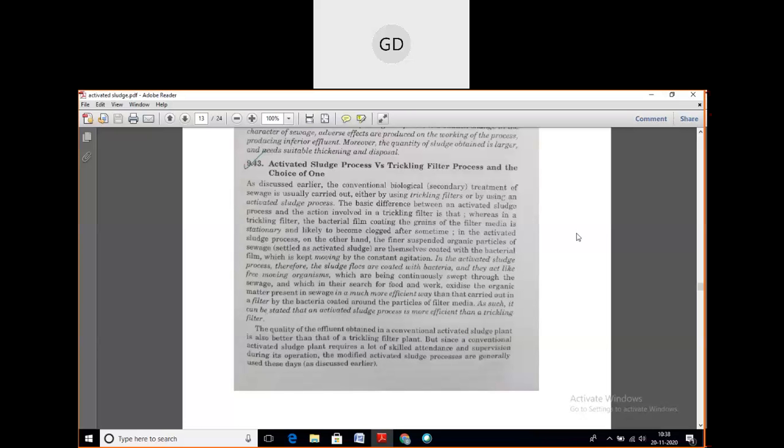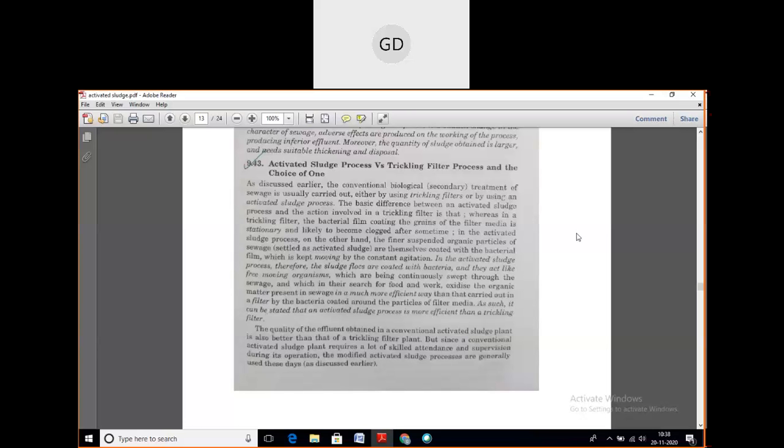So the sludge flocs are coated with bacteria and act like free moving organisms, continuously swept through the sewage. In their search of food they oxidize the organic matter present in the sewage in a much more efficient way than is carried out in a filter.